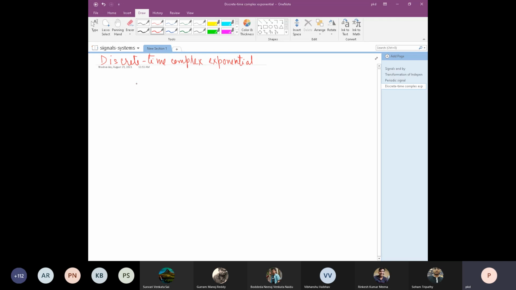So just like their continuous counterpart, we can write a discrete time complex exponential as x[n] equal to C into alpha to the power n, where C and alpha are both complex.